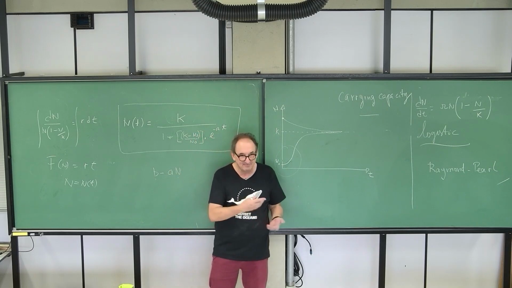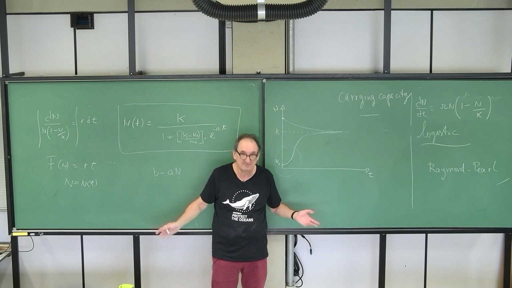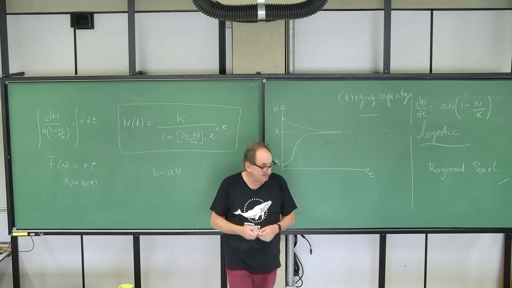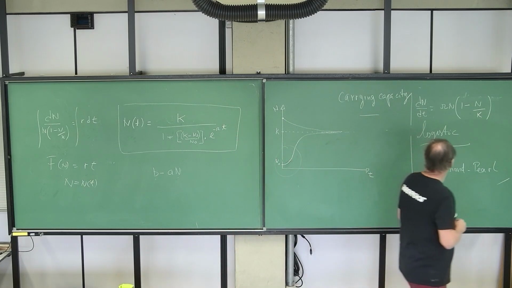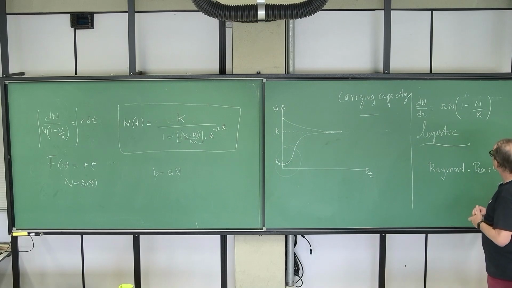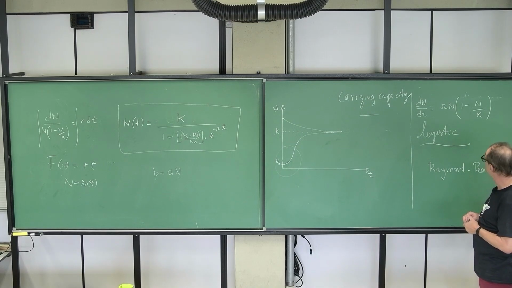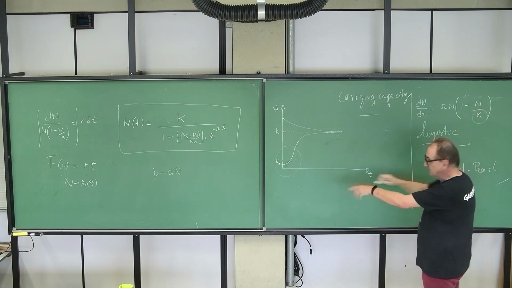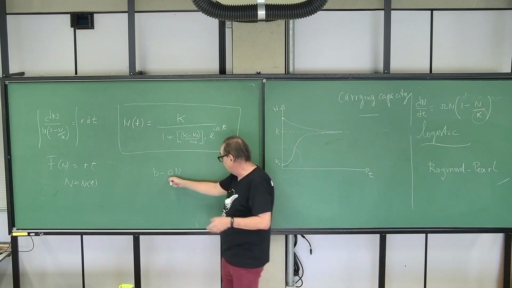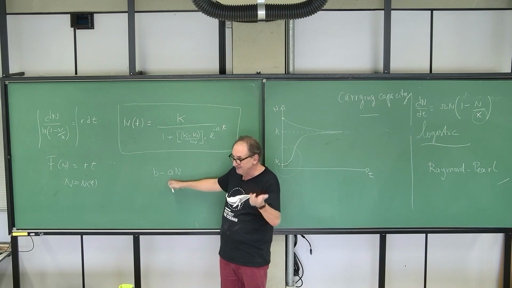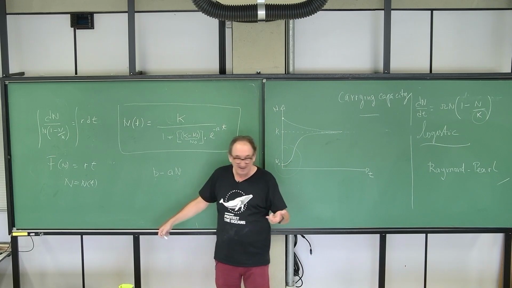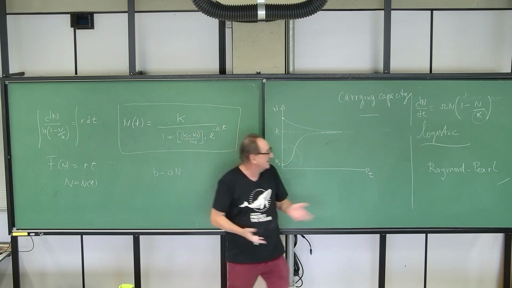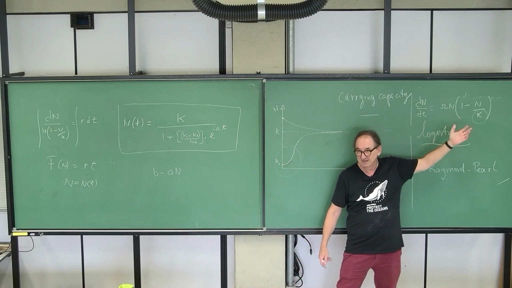So if N is very small here, then you can just neglect it, okay? And, okay, so what was I going to say now? About the carrying capacity. So this is a combination of these things, but as you could not measure N, A, nor C, you just stay with the combination, which is K, okay?